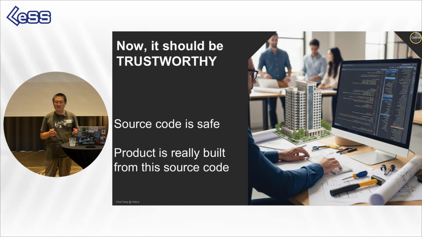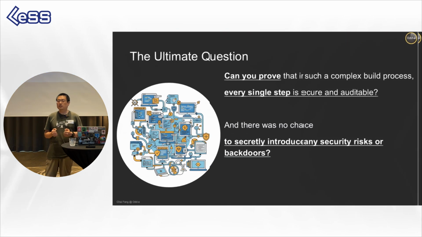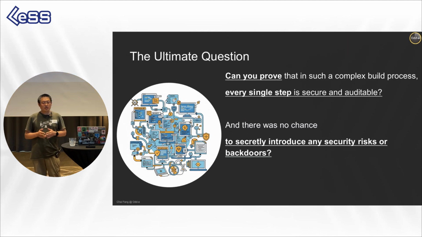But the government asked the third and most critical question. How can you prove that in such a complex build process, every single step is safe, secure, and auditable? How do you prove there was no chance to secretly introduce any security risks or backdoors?